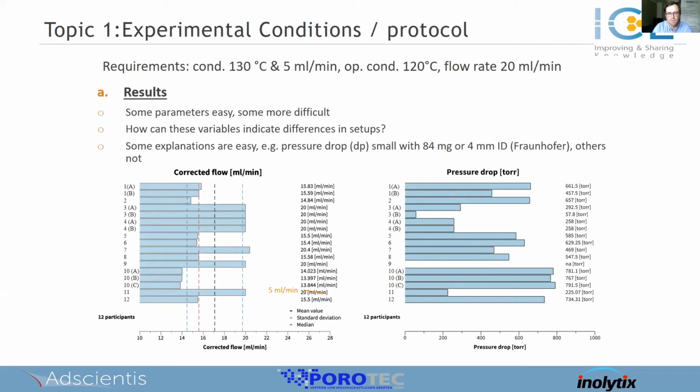But we have also more challenging observations, like those of participant 1, A and B. Same column material, geometry, and sample mass, but significant differences in the pressure drop compared to number 4, A and B, with the same setup, that have exactly the same pressure drop.